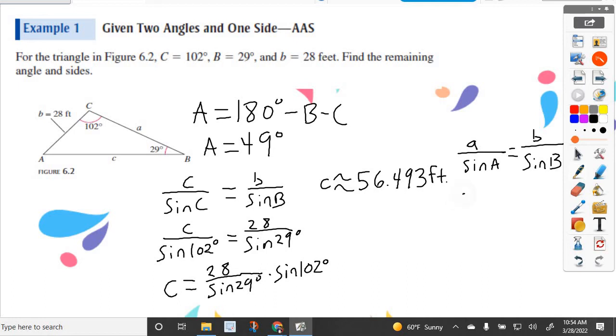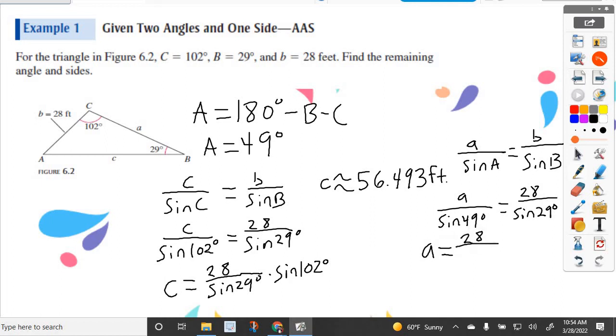So from here, our setup is going to be quite similar. I have sine of 49 degrees equals 28 over sine of 29 degrees. What do we need to do to solve for A?